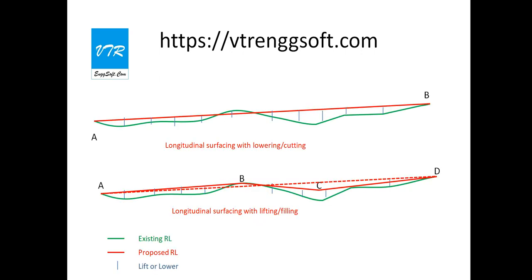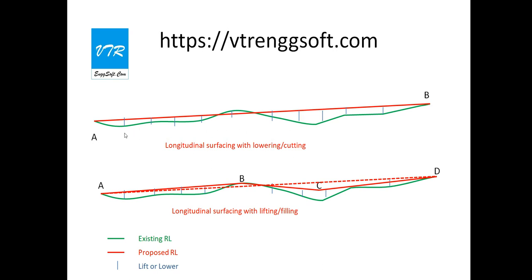Then coming to the concept, see, this is our existing bed profile. We want to have a smooth longitudinal plane. That means if you connect points A and B, it forms a straight line, which will be uniform.